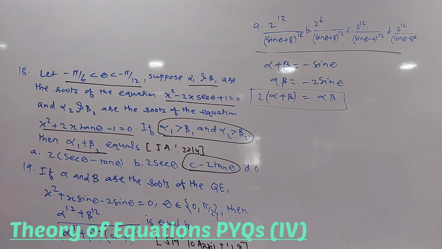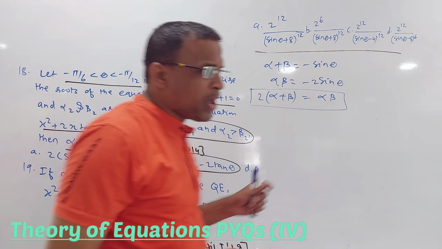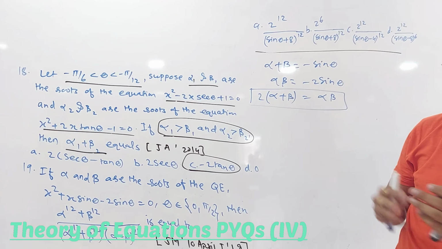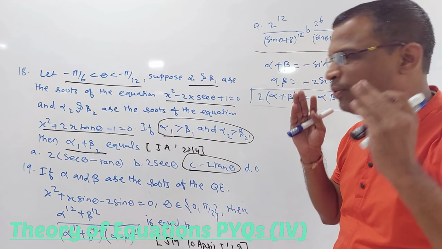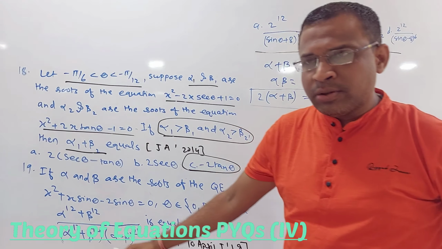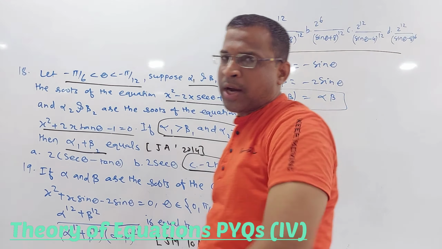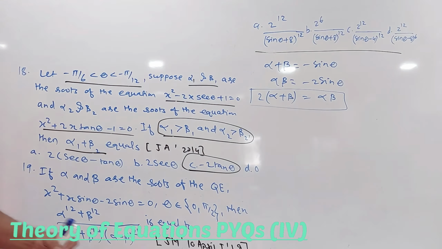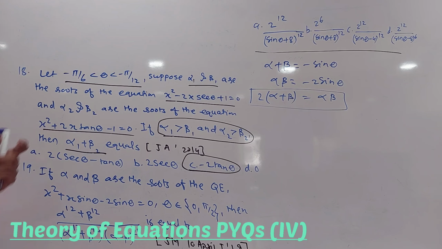See, be smart enough. That's why I used to say that the 8th, 9th, 10th competitive foundation will be very helpful. It's not that a student working directly in 11th standard for JEE can't do it, but you can save your time if you have a little knowledge at that level. Now see here, I have to just go with the reciprocal of this.